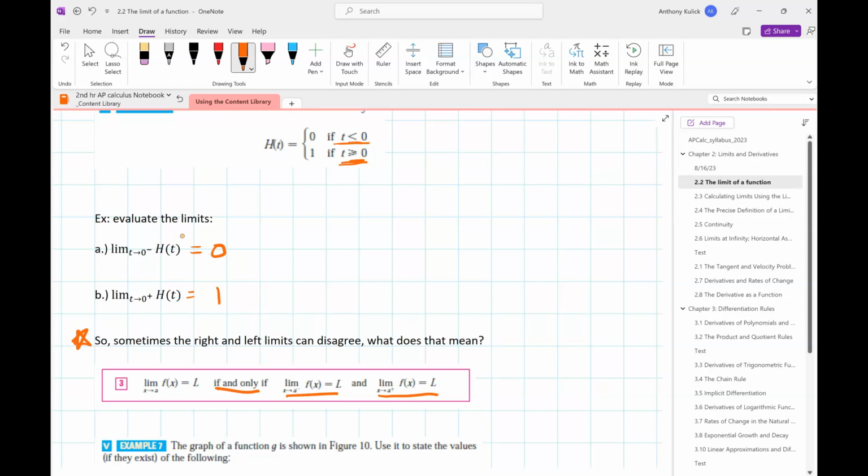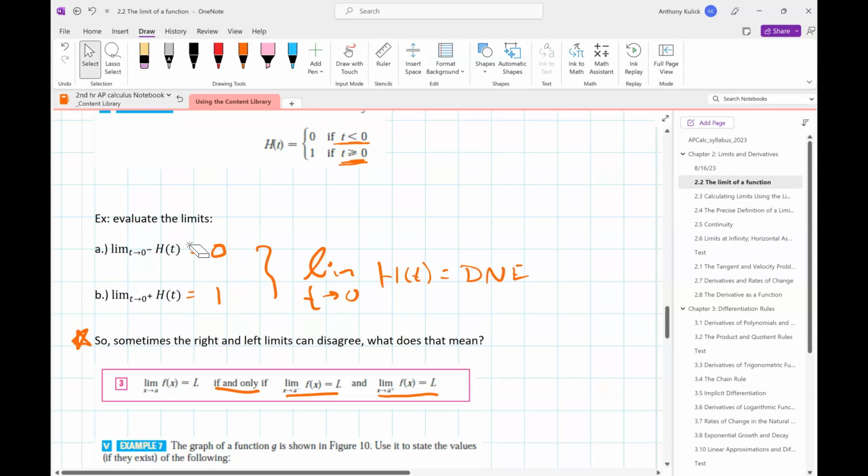So in this case, we would say the limit as t approaches 0 of H of t does not exist, because the left-hand limit and the right-hand limit at 0 are different.